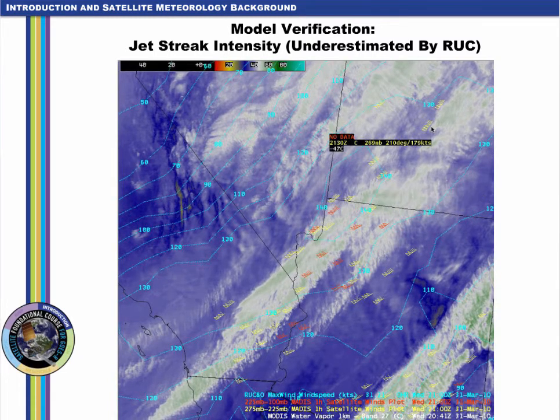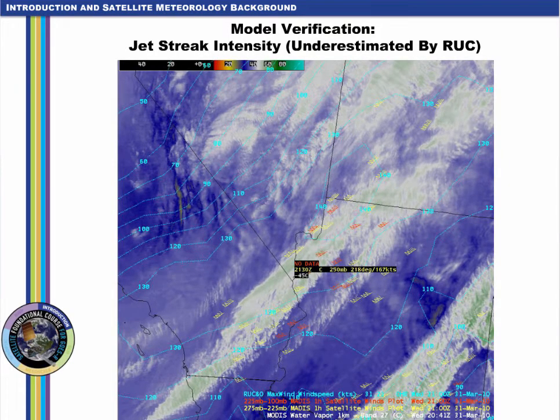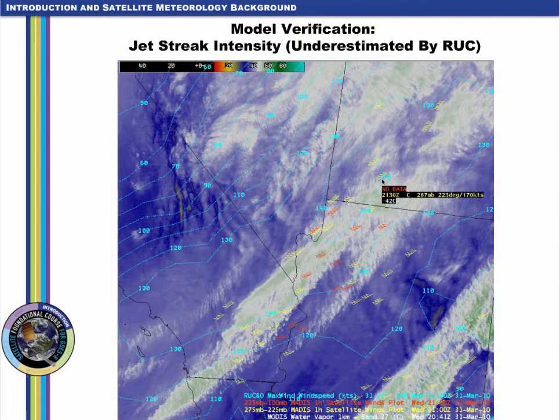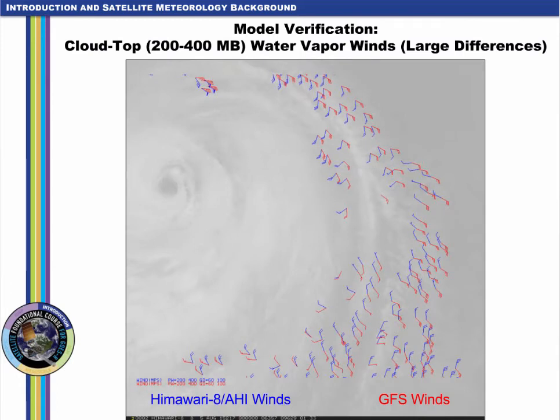Several wind targets display velocity values of 161 to 179 knots, much higher than the 140-plus knot core that is forecast by the model. This image shows significant differences between the GFS winds in red and the Himawari 8 derived motion winds in blue. In some cases, the directional difference was as much as 180 degrees. How would this affect your interpretation of GFS model results?